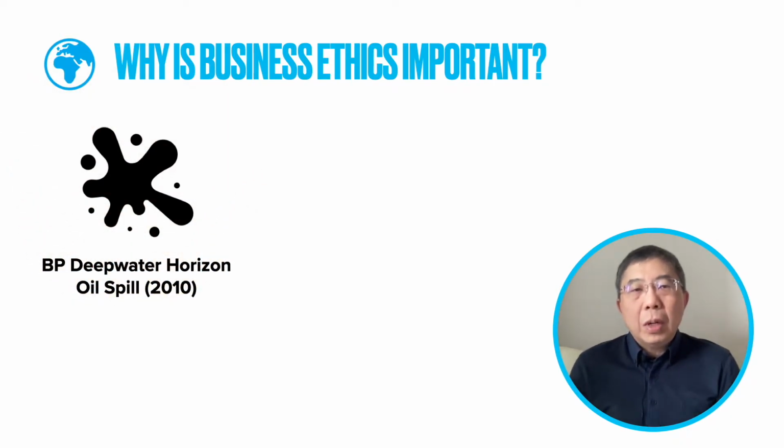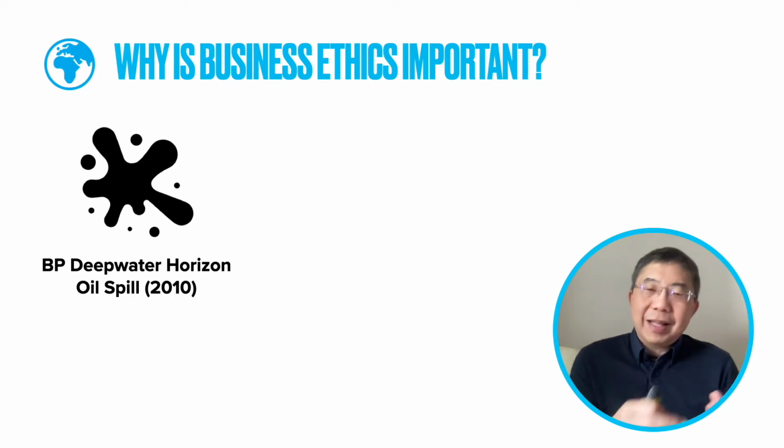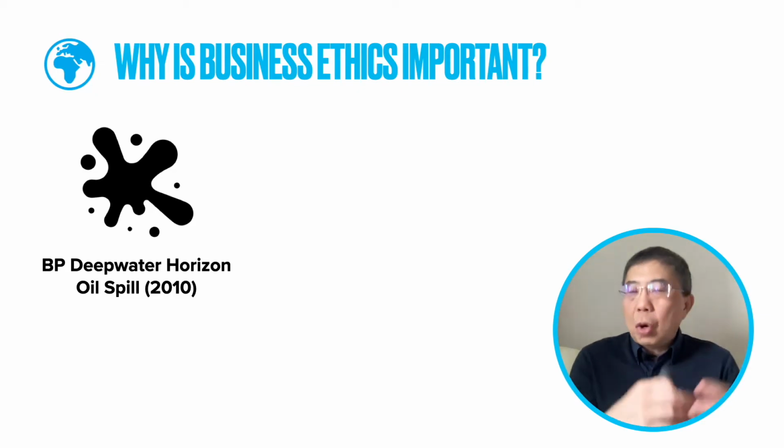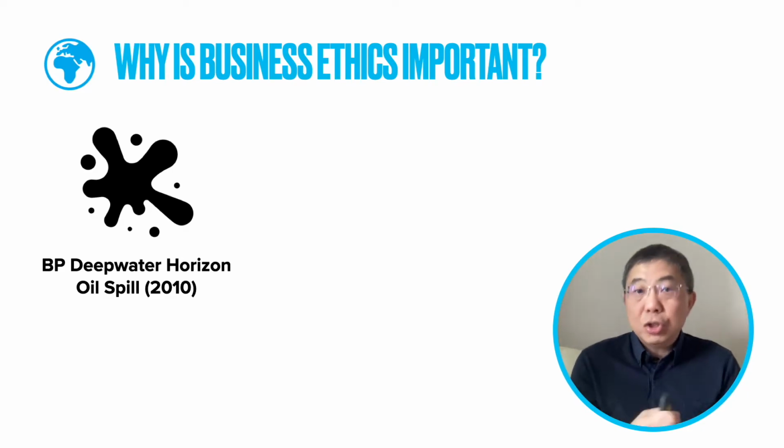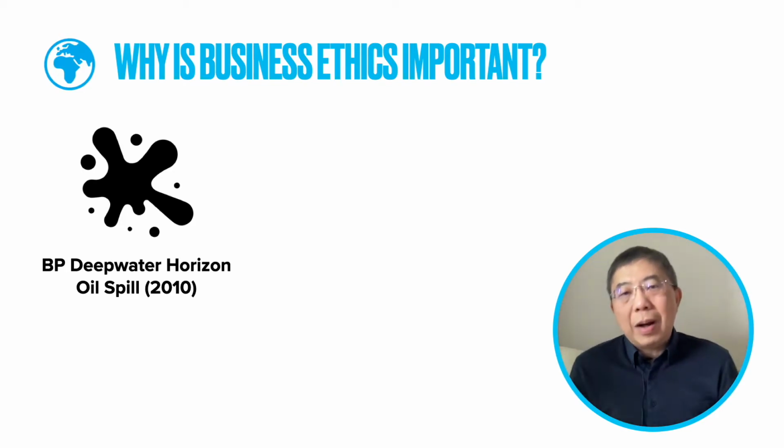So many years ago, there was a horrific explosion of an oil rig in the Gulf of Mexico. This oil rig was called the Deepwater Horizon, and it belonged to British Petroleum. As a result of this explosion, there was a huge oil spill, and it released millions of gallons of oil into the ocean and killed many creatures and wildlife.